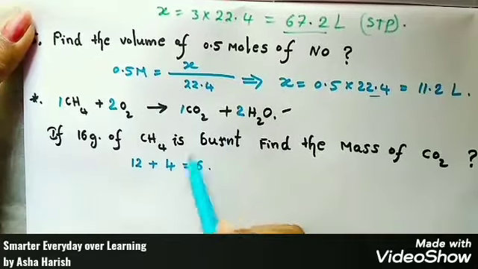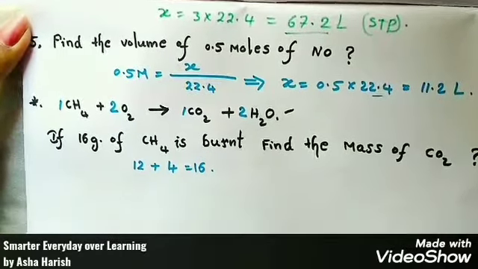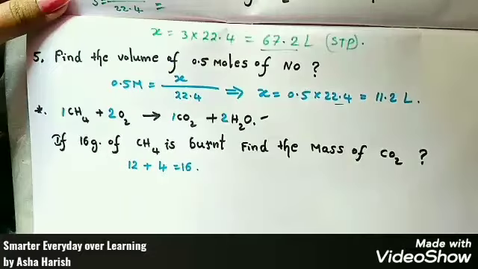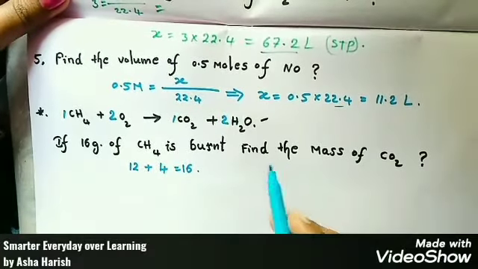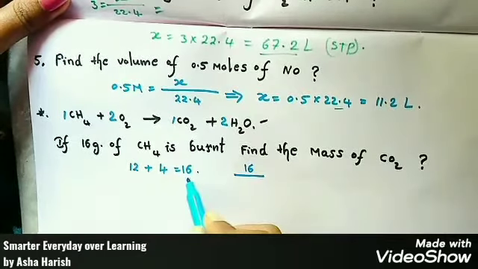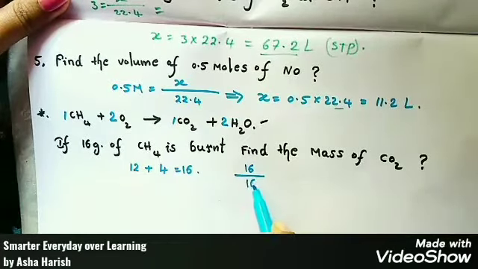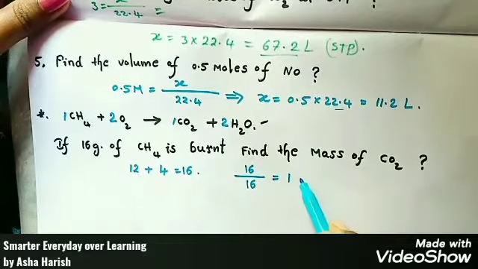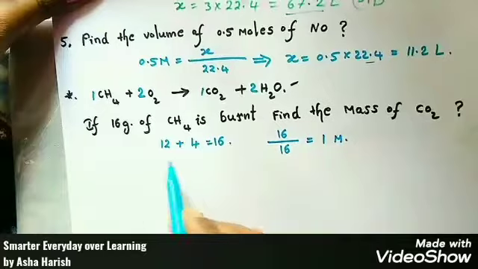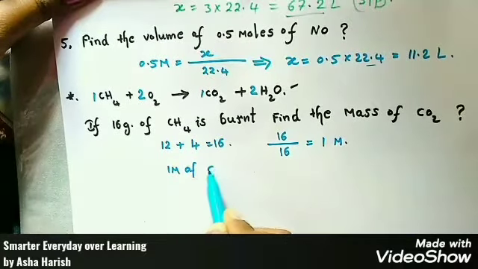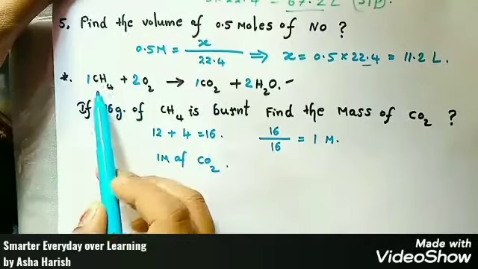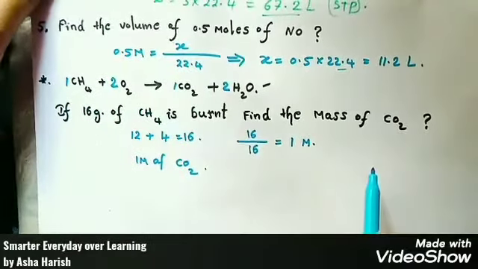This is the molecular mass of CH4. Then for methane, using the first formula, mass given is 16, and molar mass, that is molecular mass, is also 16, so we got the answer, 1 mole of CH4. That means 1 mole of CO2 can be formed by using 1 mole of methane.